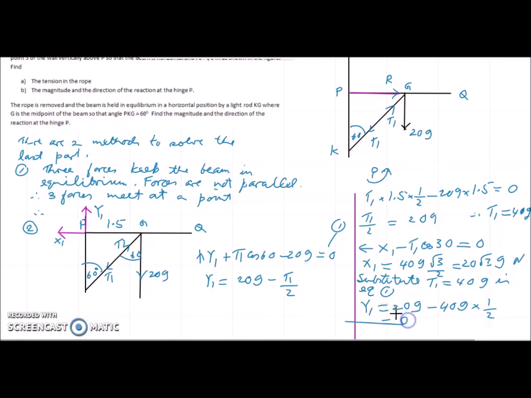Then y1 equals 0. Y1 is 0, and x1 is 20 root 3g. The positive direction is this one, x1. The reaction is horizontal because y1 is equal to 0. In the first method, I marked R1 in this direction, but it is not in that direction. R is in this direction, but the line of action of R passes through G.